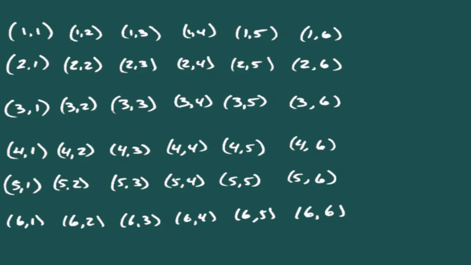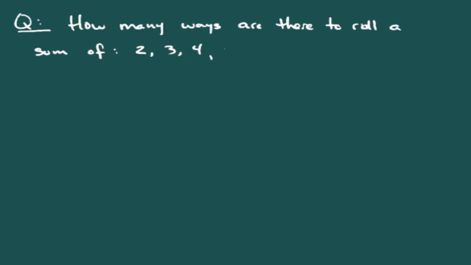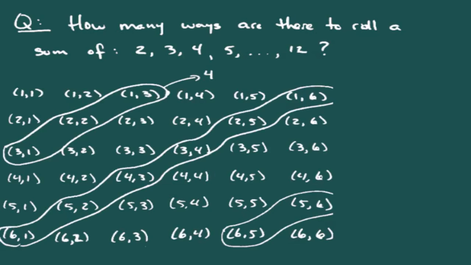Now, a question that could come from that is how many ways are there to roll a sum of 2, 3, 4, 5, all the way up to 12? Well, we've written out all of our possible outcomes. Here again, we see the table. If we take the sum of each of the numbers in the ordered pair, that tells us what our sum would be on our roll.